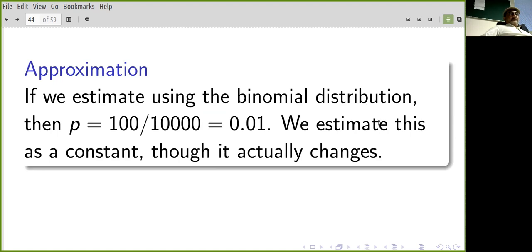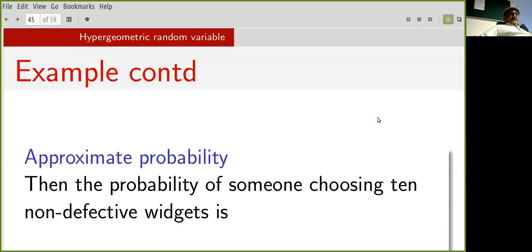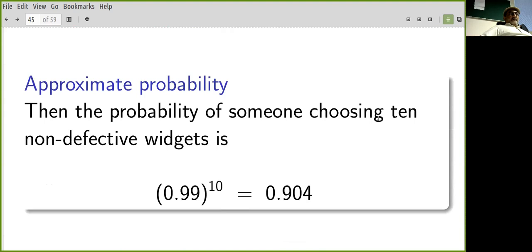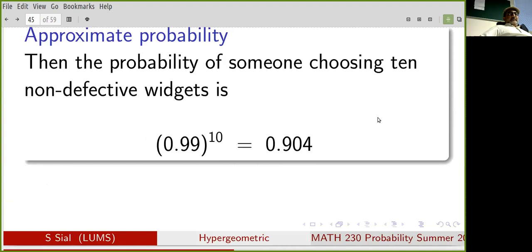Now, as the defective widgets are bought up, this probability would change, right? We're just going to keep it constant and treat it as if we're doing a binomial distribution. The binomial approximation to the hypergeometric distribution is that p is a constant. So the probability of someone choosing 10 non-defective widgets is about 90.4%.